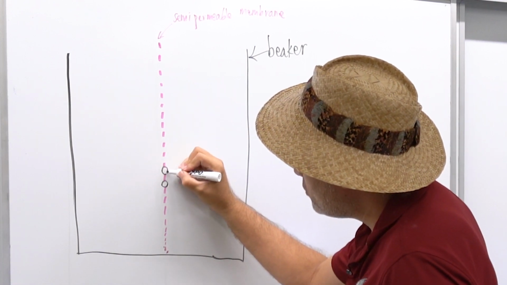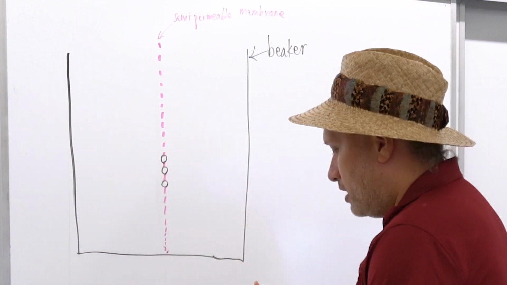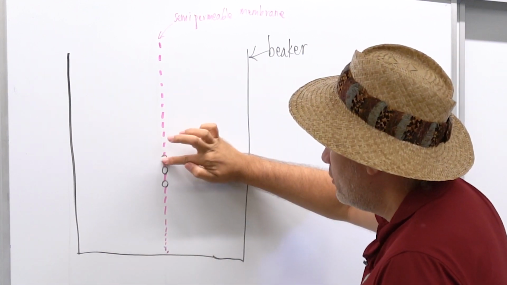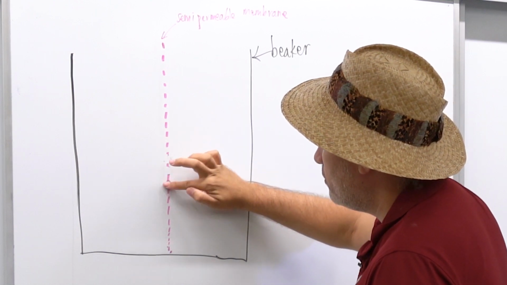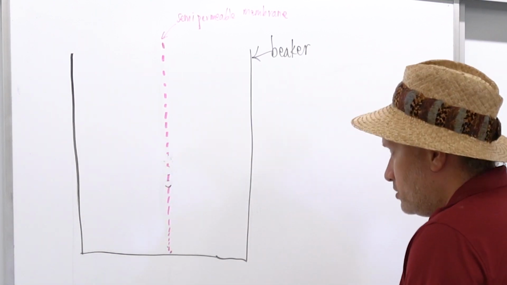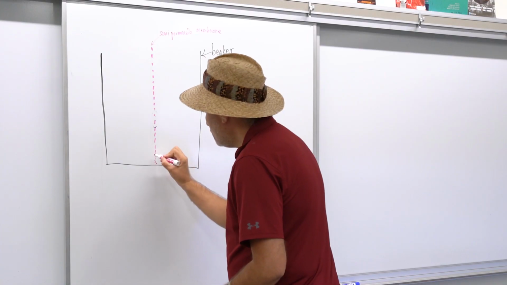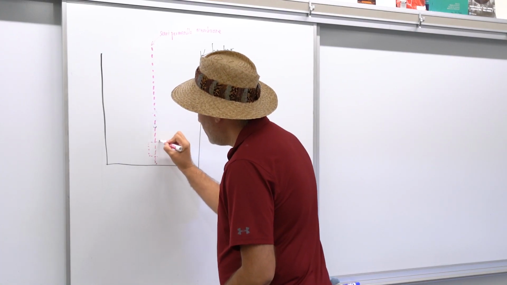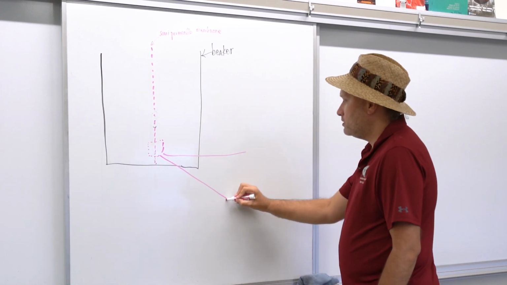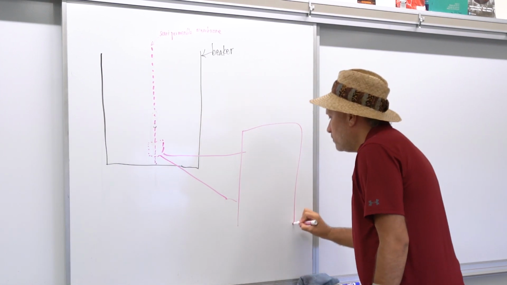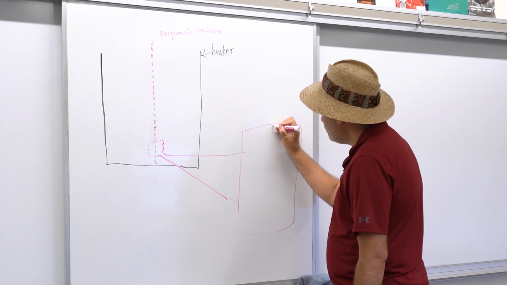I'm just drawing them in black that allow for the movement of particles, solute and solvent to go through. And so let's just zoom in. I'm going to zoom in right over here and I'm going to make it really, really big so we can see what is happening right here at this interface.